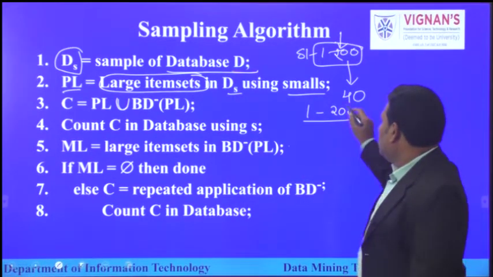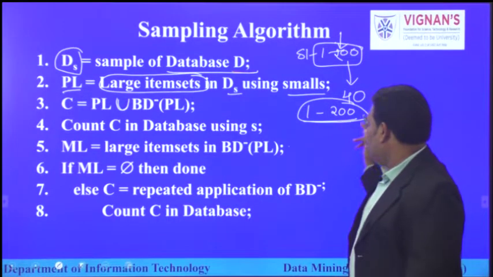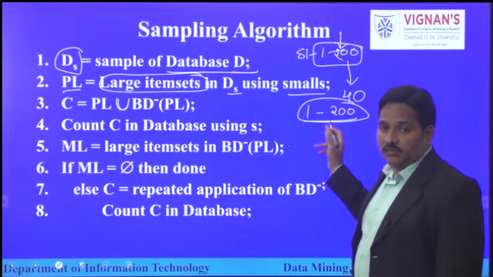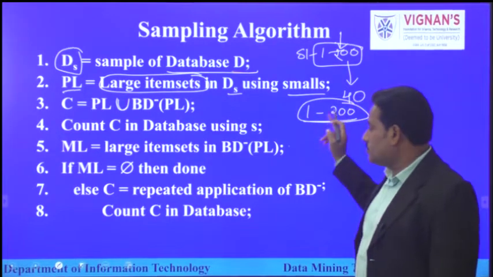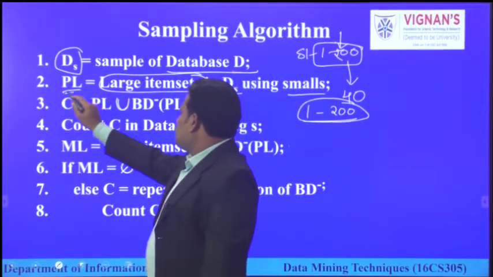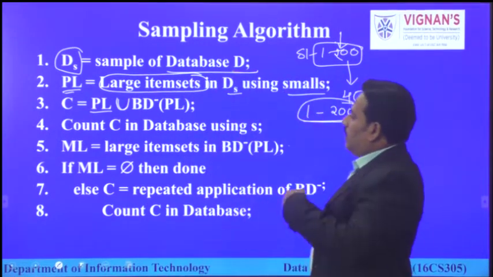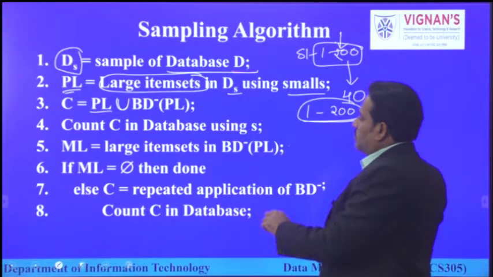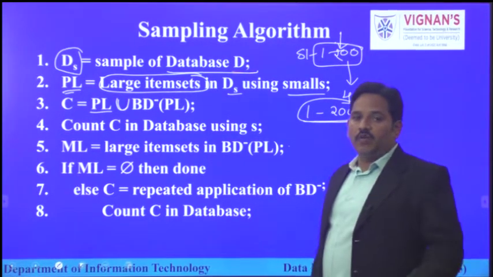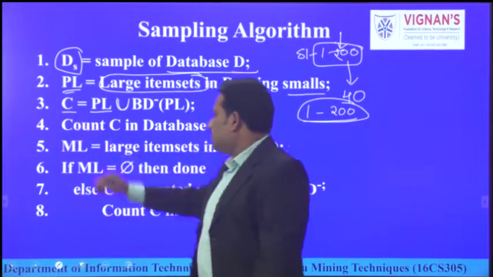So here the input data is customer transaction data, but we are not focusing on customers. We are focusing on items. Let us assume we got some 40 item sets, and we are combining those 40 item sets with some of the border values which have been missed during the analysis, and we are storing all the values in C.